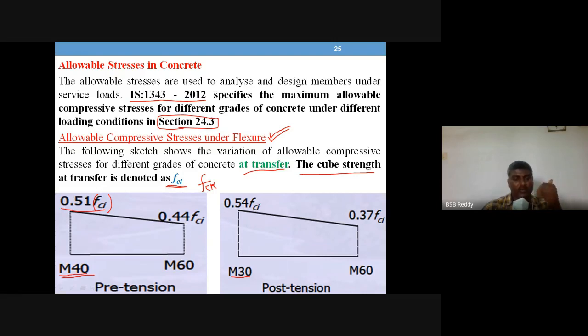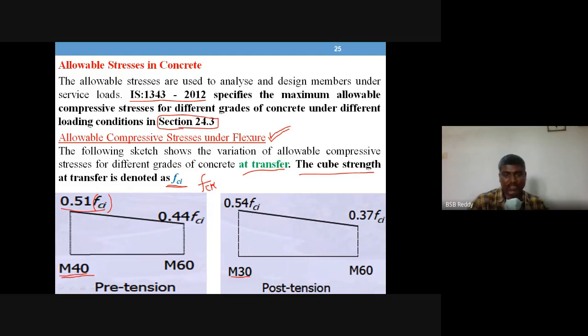Say if FCI is, just for example, 100 megapascal, the compressive stress in bending that can develop is only 51 megapascal, not beyond 51.